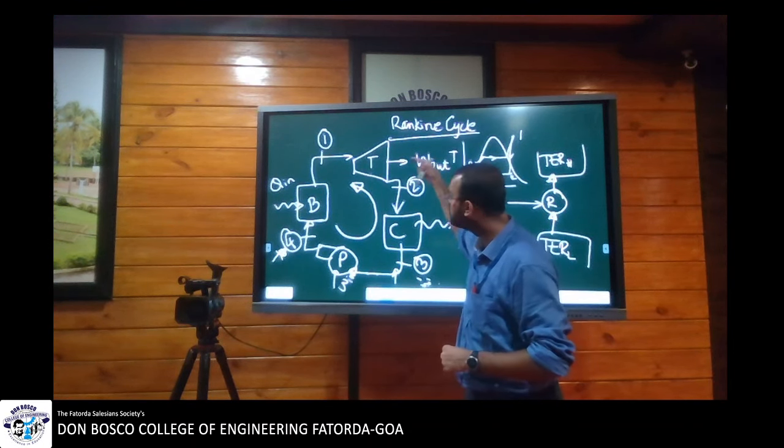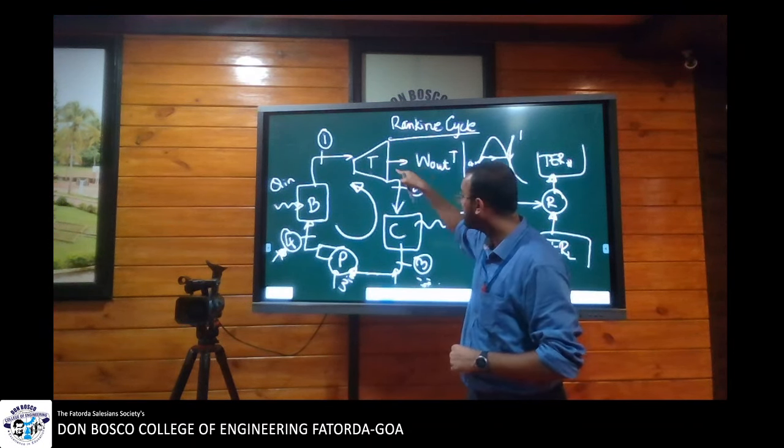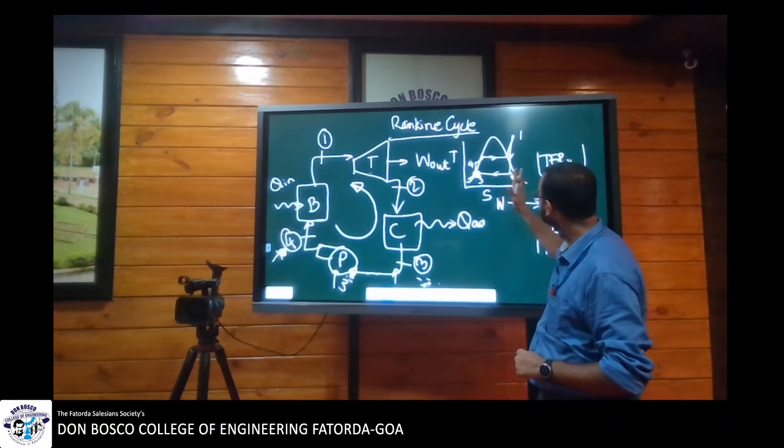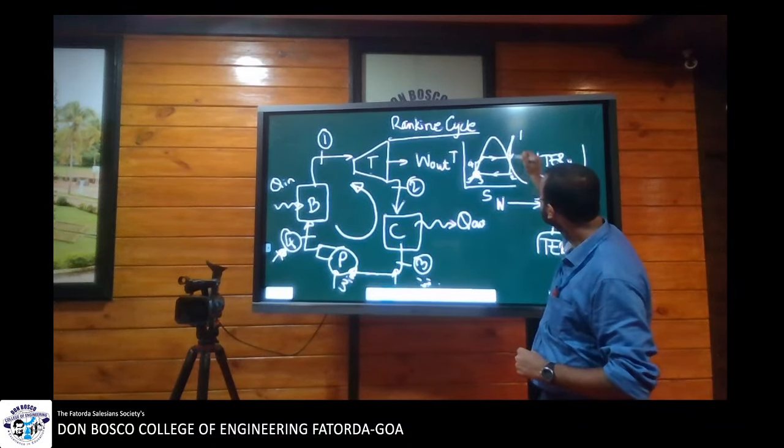So now we are inputting work, the temperature is rising, the pressure is rising, at constant entropy again. In this case it's a compressor, so it's doing compressive work, isentropic compression. So it goes from here till here. And now you reach a very high temperature and very high pressure. Constant entropy again, 2 to 1.